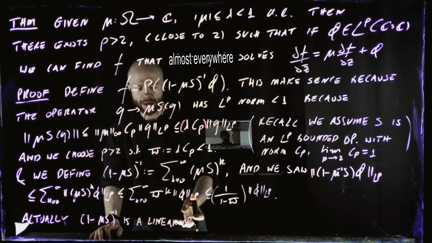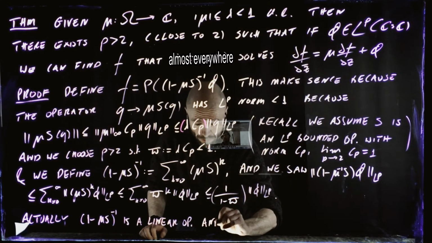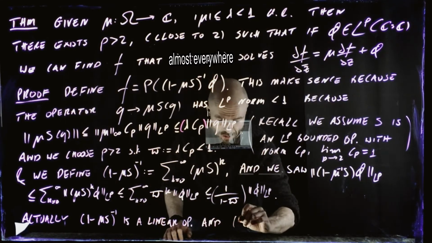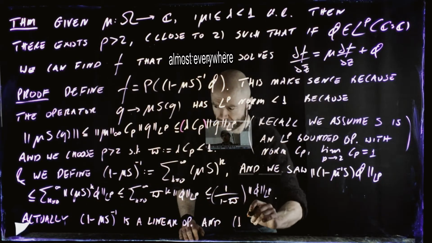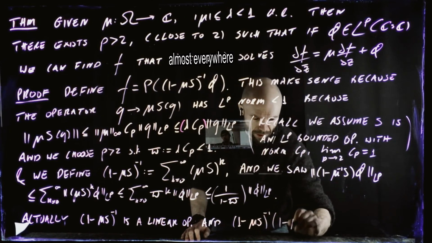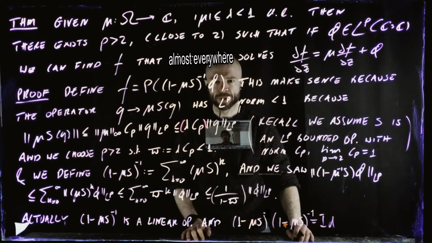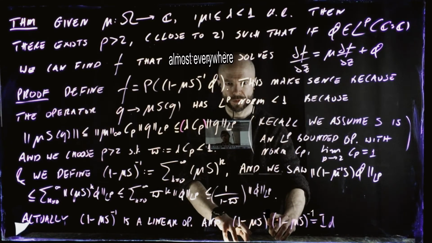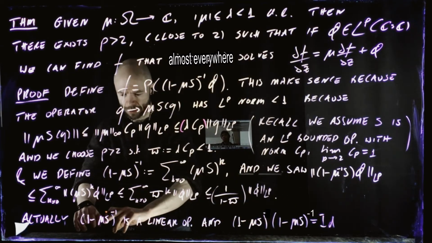So I'm going to write op. for operator to save writing, and as the way it's written suggests, this thing is actually the inverse of this thing. We're going to show that this is true, which is slightly non-trivial, but we'll see that it is actually the case. So that's what we're going to show about this guy.